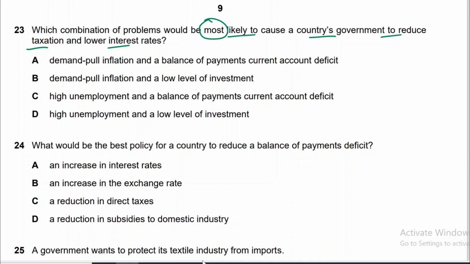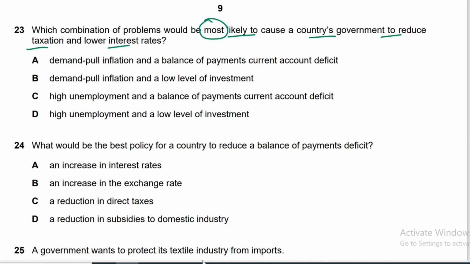Okay, so the first option is demand pull inflation and a balance of payment current account deficit. Demand pull inflation is the type of inflation which is caused by an increase in aggregate demand in the economy.